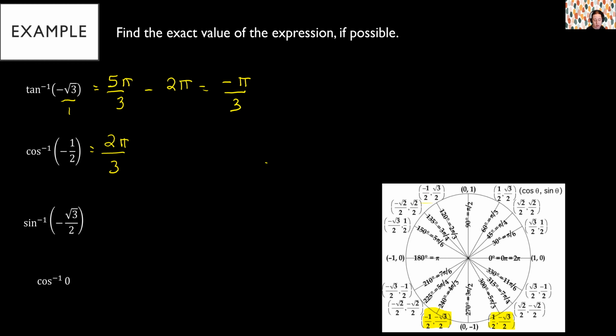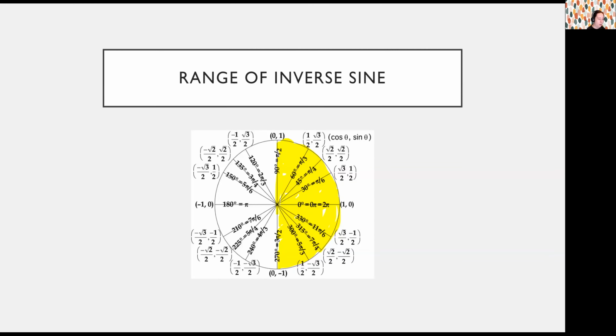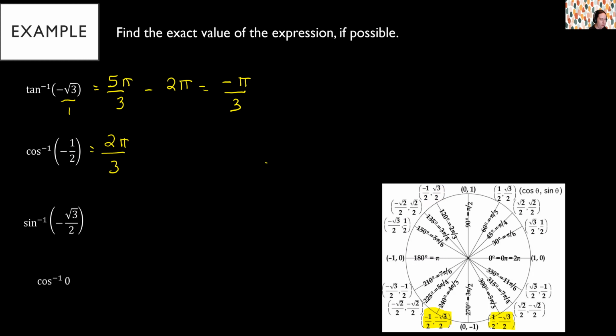And so now we have to determine, well, which one is in our range. So going back to our range, our inverse sine is on the right side of the graph. So the only one that's on the right side of the graph here is 5 pi over 3.